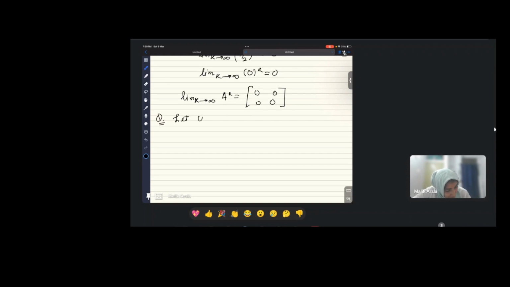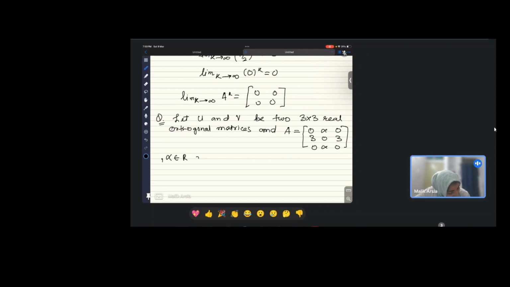Now let U and V be two 3 cross 3 real orthogonal matrices, and A is equal to [0, alpha, 0; 3, 0, 3; 0, alpha, 0], where alpha belongs to R, and the 2 norm of UAV is given as 4.